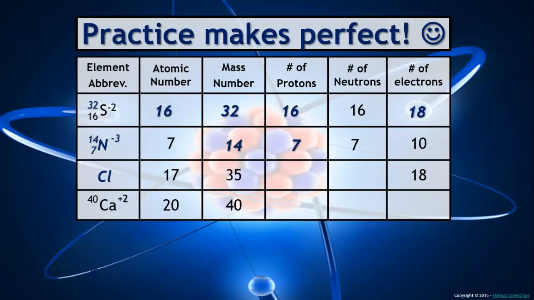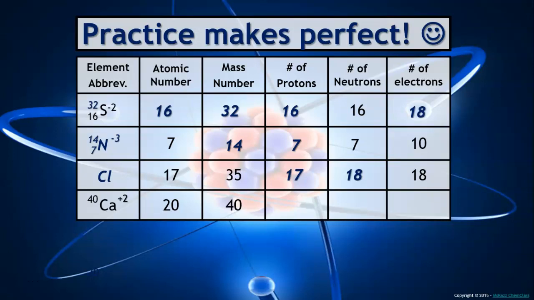From this information, we can figure out certainly the number of protons is 17 because the atomic number is 17. We can figure out that the number of neutrons is 18. How? Well, we know that the mass number is the protons and the neutrons together. We know that the protons is 17, so in order to get to the mass number of 35, we have to have 18 neutrons. 35 minus 17 is 18.